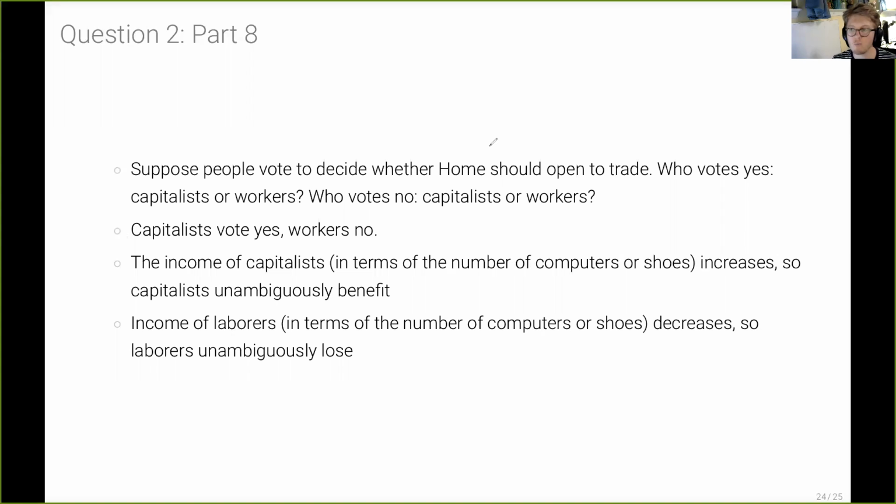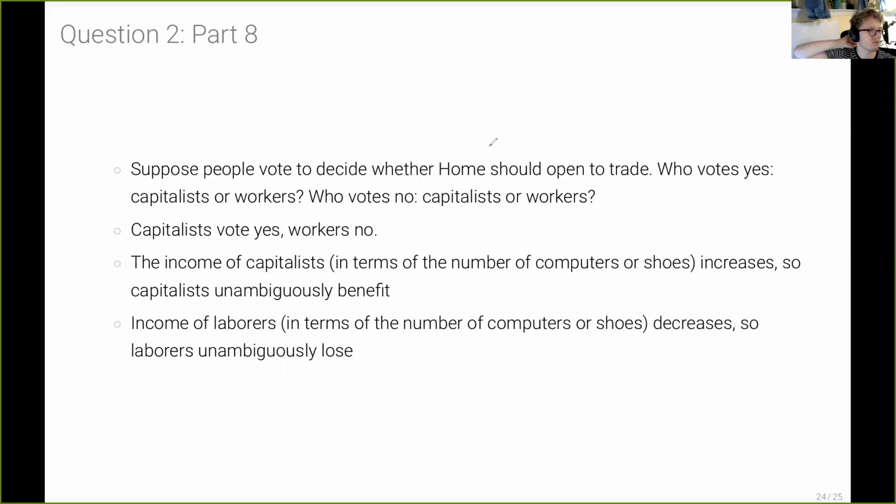So when home opens up to trade, there is a rise in the relative price of computers, and therefore capitalists, who are the owners of the factor used intensively in the production of computers, have benefited. Likewise, laborers, whose factor of production is not used intensively in the production of the good whose price has increased, have unambiguously lost.